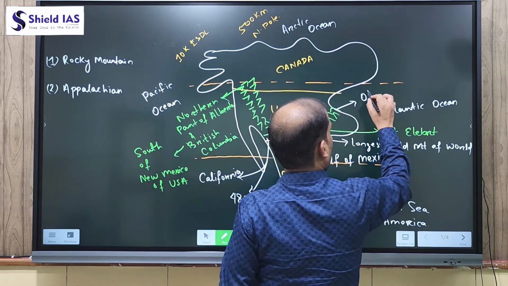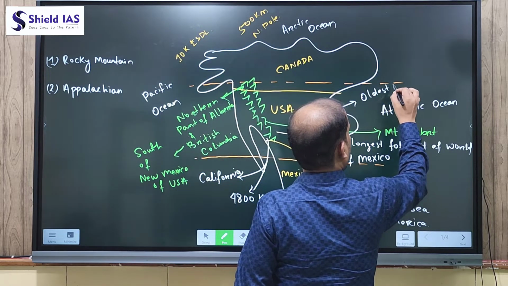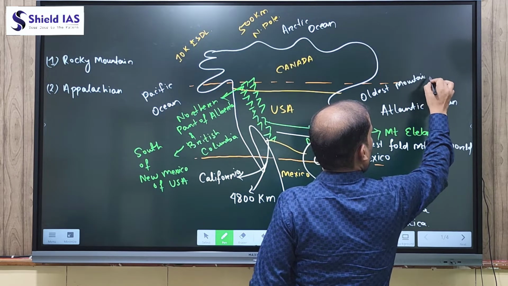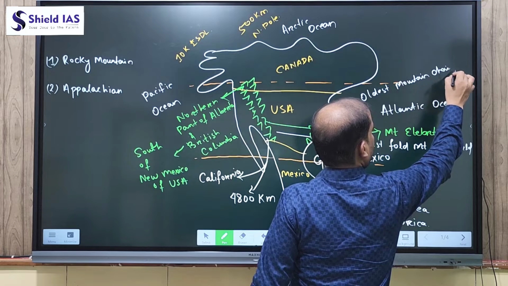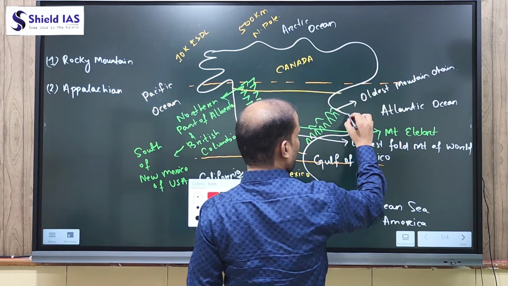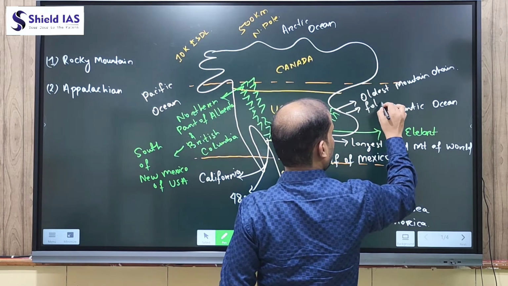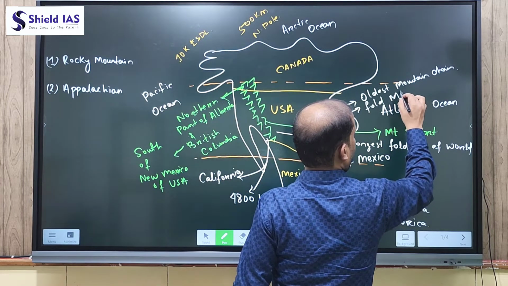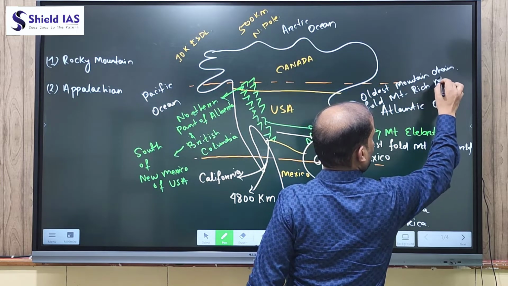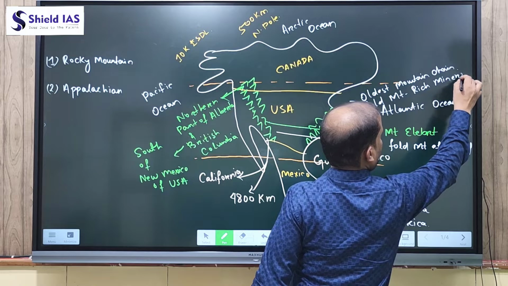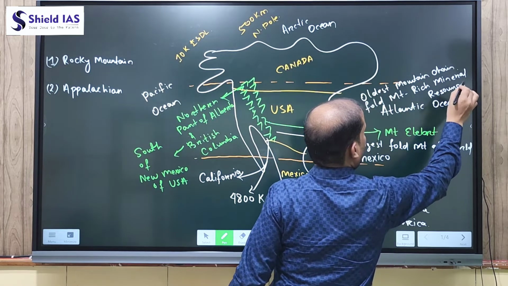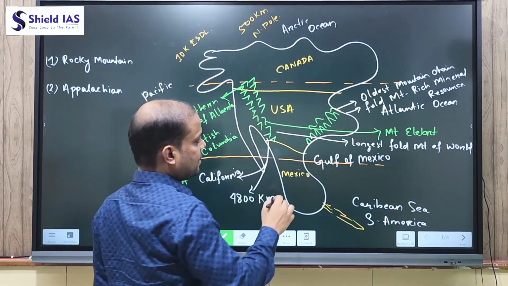It is the oldest mountain chain of North America, and this is also a fold mountain which is highly rich in mineral resources, and most of the mountains are situated in the USA.